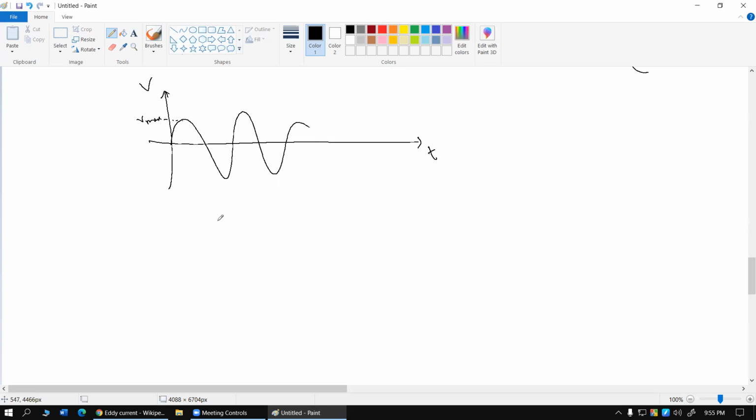Sometimes it is also labeled as V naught. If this is the maximum voltage value, the RMS value, VRMS, equals Vmax divided by √2. In the same way, we can calculate IRMS for any circuit: IRMS equals Imax divided by √2.